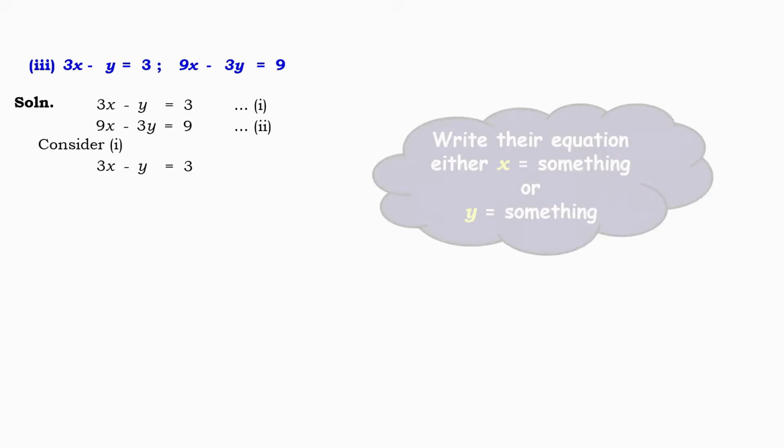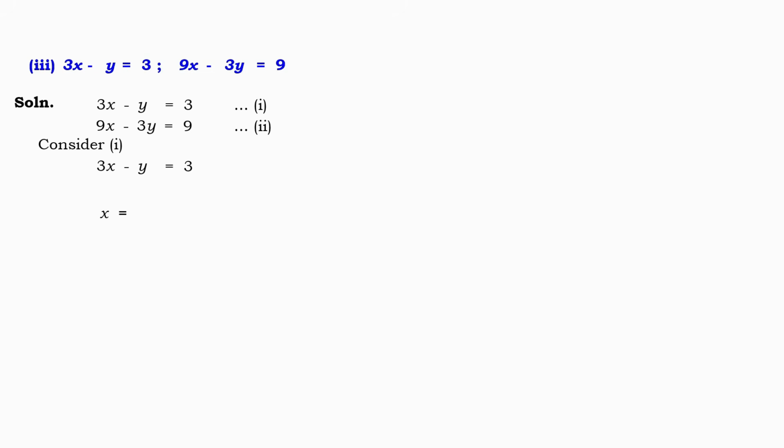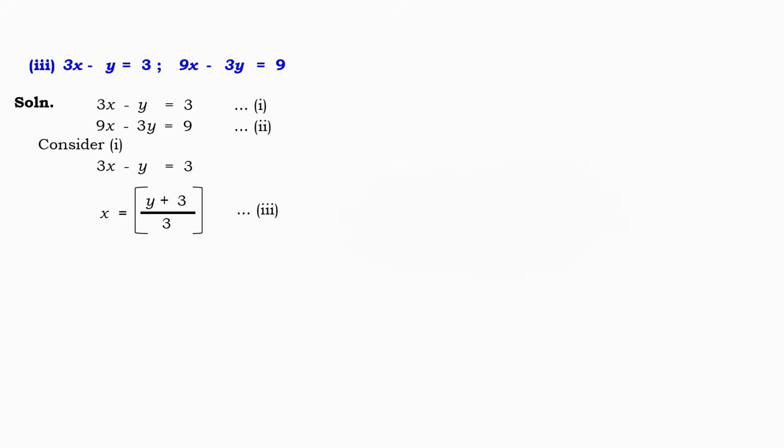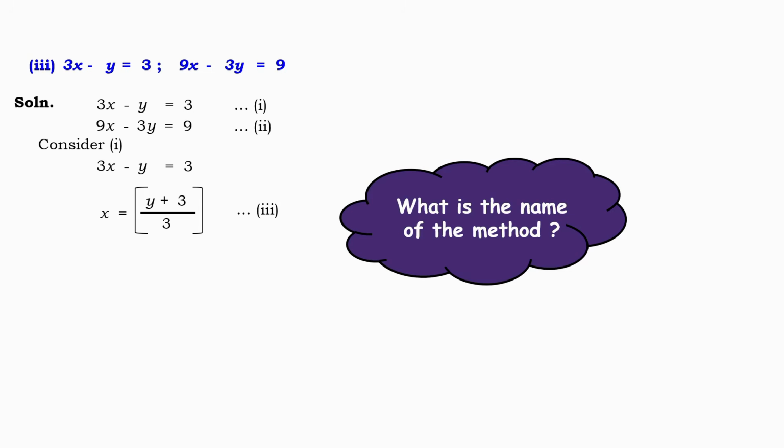We express x in terms of y. So we move minus y to the other side. This gives us 3x equals y plus 3. Now divide both sides by 3. So we get x equals (y plus 3) divided by 3. Let us call this equation 3.